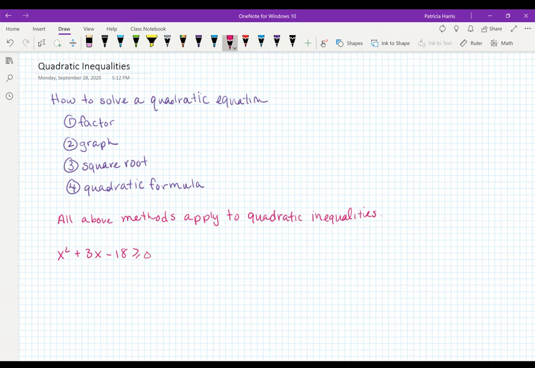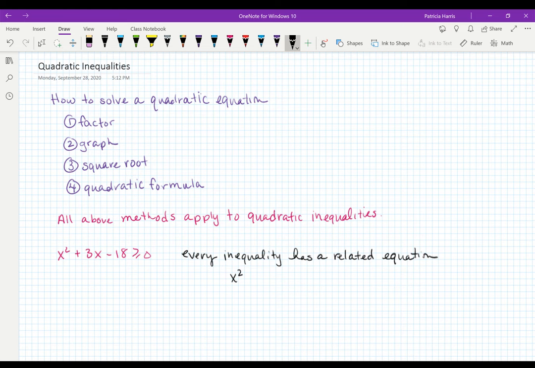Your first step is still the same. You still want to make sure it's set to 0. Now, every inequality has what we call a related equation. So we're going to pretend that we're just solving the equation, just like we normally would.